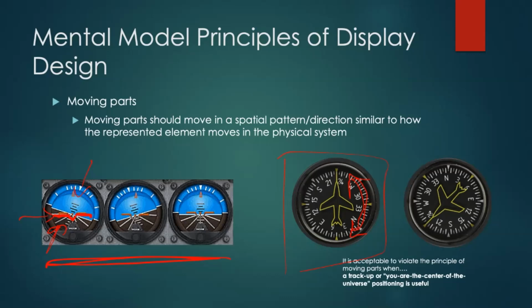We're always pointing the same direction, and everything is rotating around us. That is a much better display than what you have over here on the right. On the right, what you have is a fixed background of the numbers and directions, and an airplane that itself moves against that backdrop.